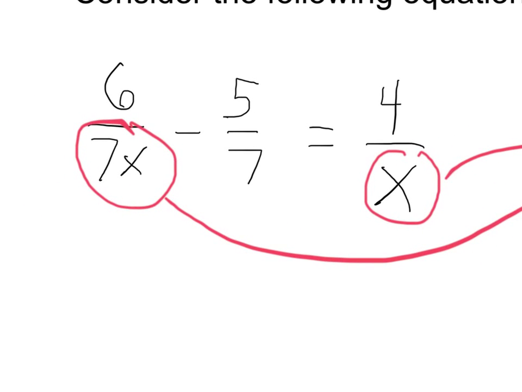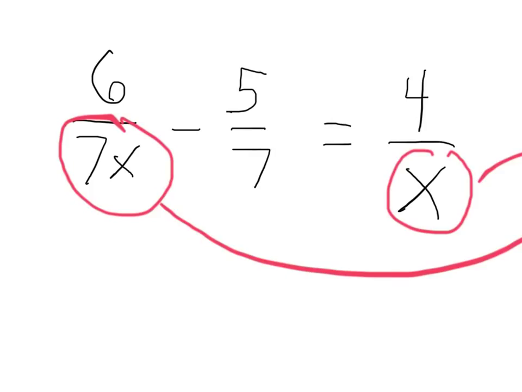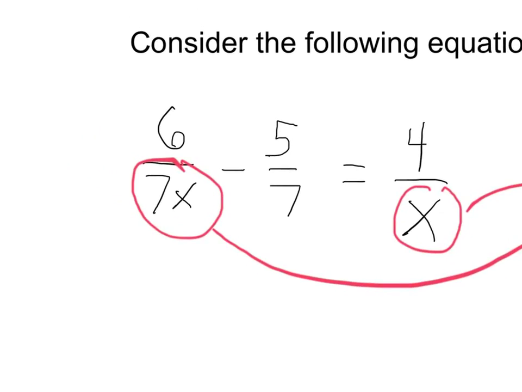Next up, if we're going to solve this rational expression, we can't do cross multiplying because we've got too many fractions, but we can multiply the common denominator, which in this case, one of our denominators is 7x, one of our denominators is 7, and the other denominator is x.